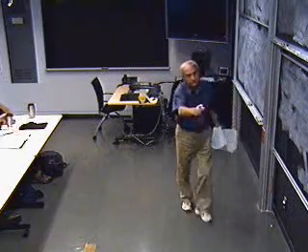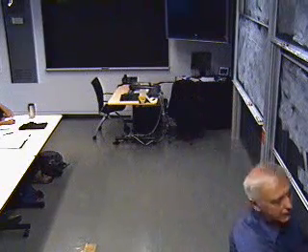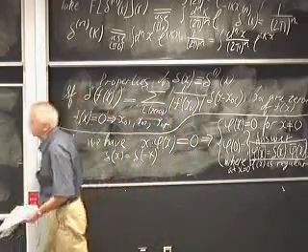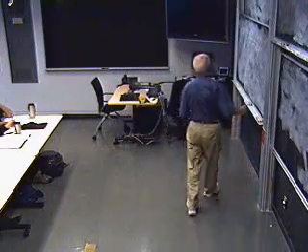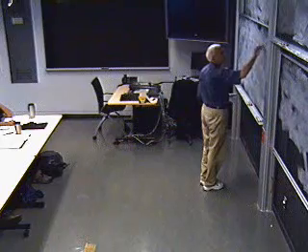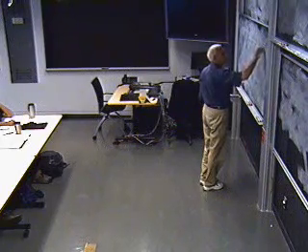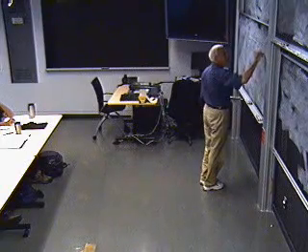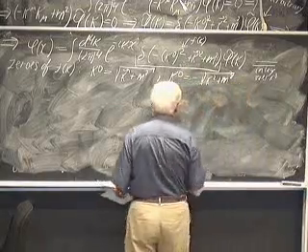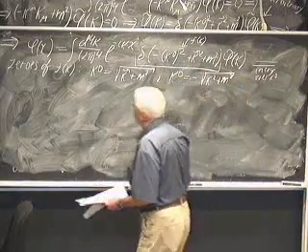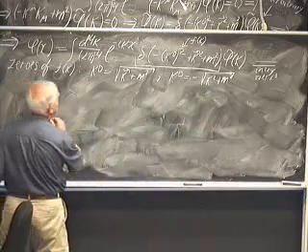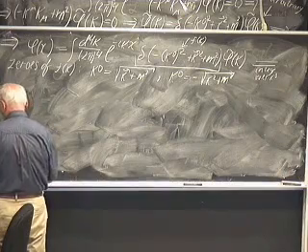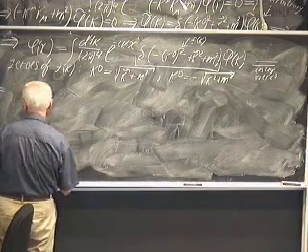I will use this formula. We should take the derivative of that function over k0. Let me write the answer. So I integrate over k0. This delta function kills this integral, so this will give me the following.